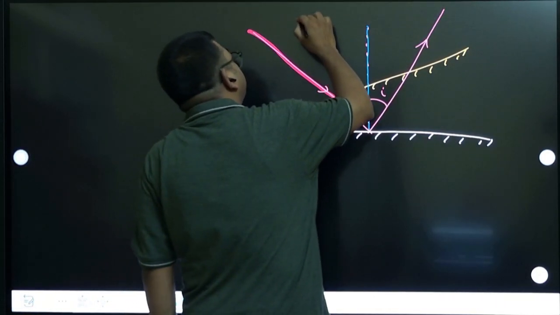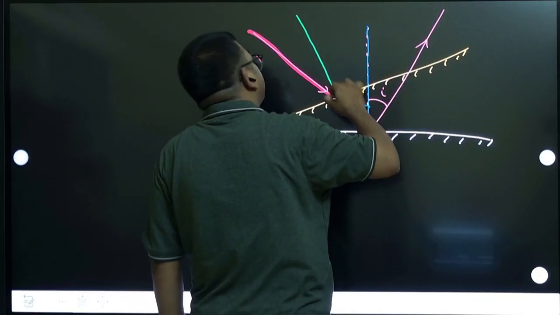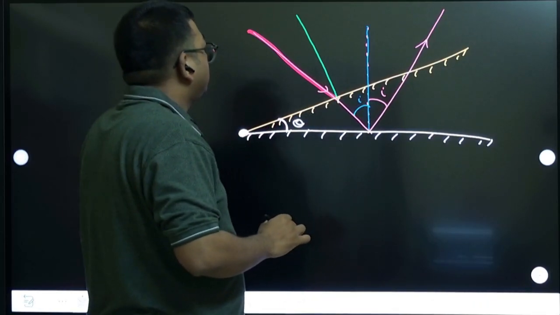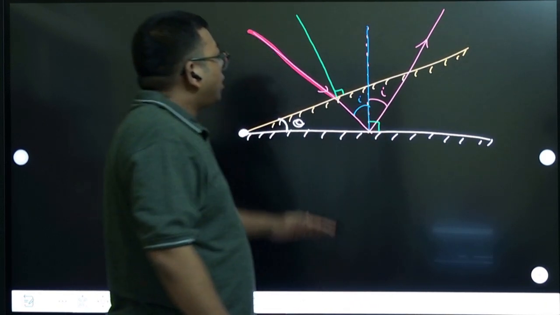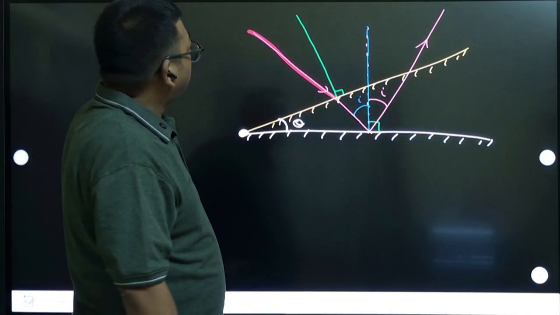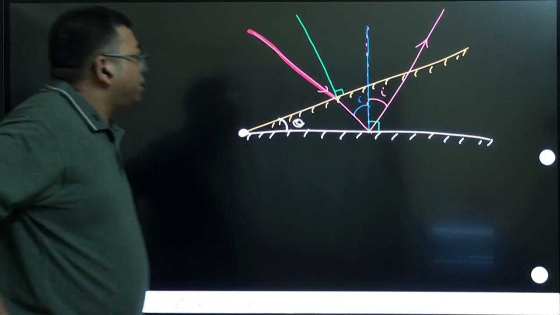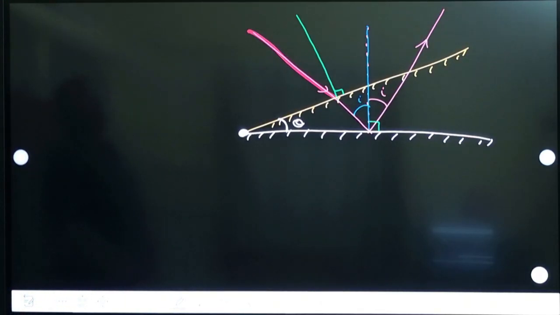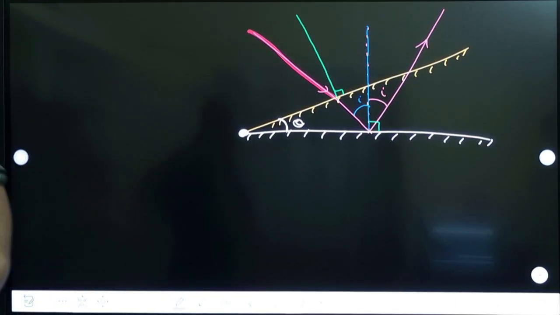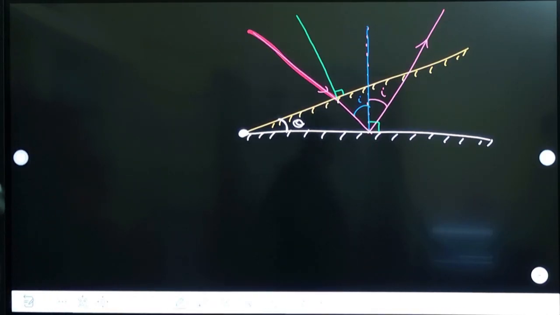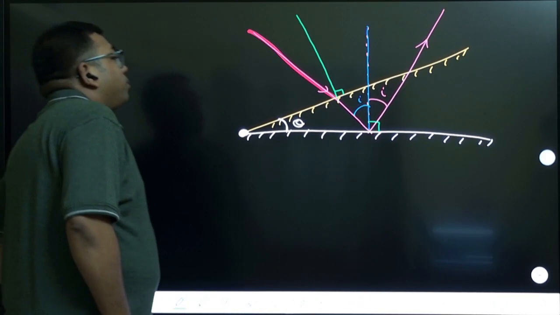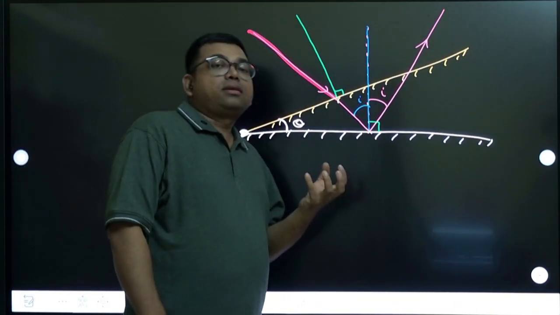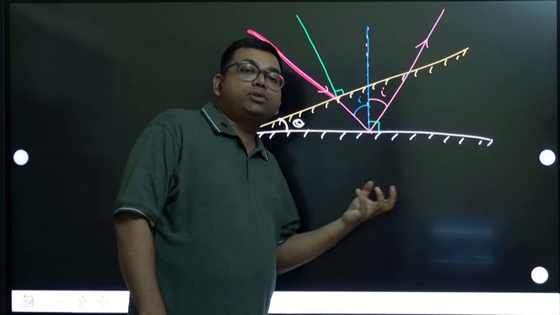This is the new normal. Previously, this was the normal. What angle will this normal make with this incident ray? Tell me, what do you think? Of course, it looks like a theoretical question, but we need to verify whether the result is still the same, whether alpha will be 2 theta or not.